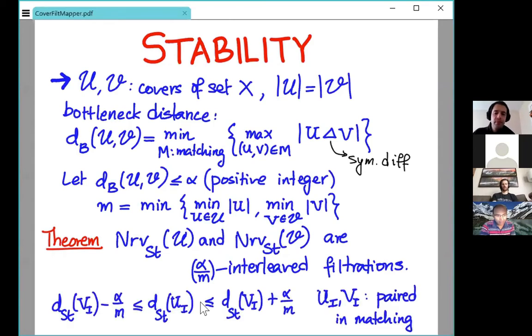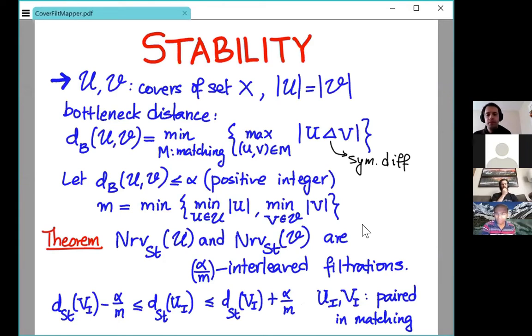So actually a more precise statement is here. The Steinhaus distance of any cover element U_i, for an index i, that is matched with V_i in the other cover lies between the Steinhaus distance of the corresponding V_i plus or minus alpha over M. So that gives some notion of stability for these Steinhaus filtrations.